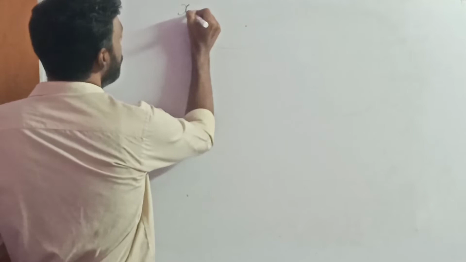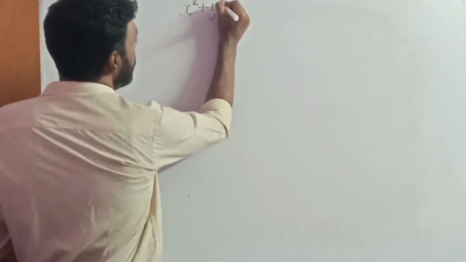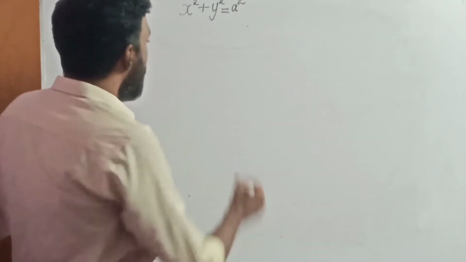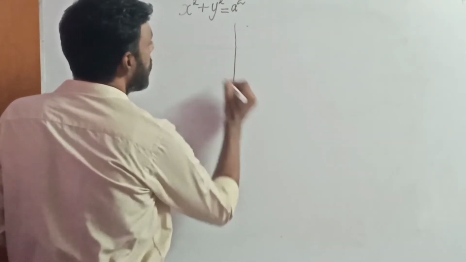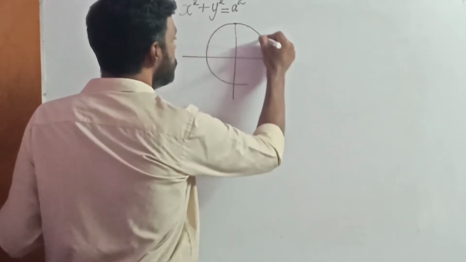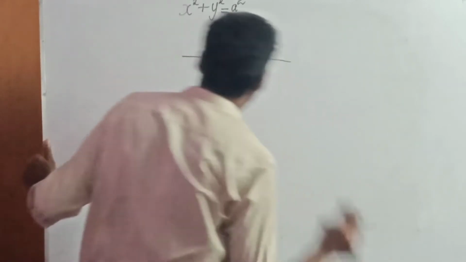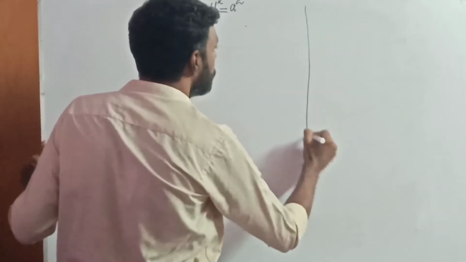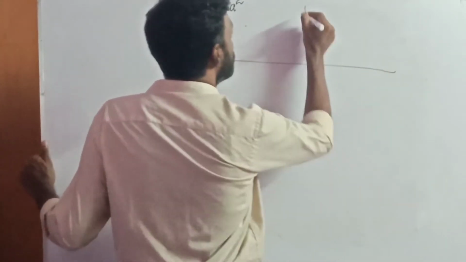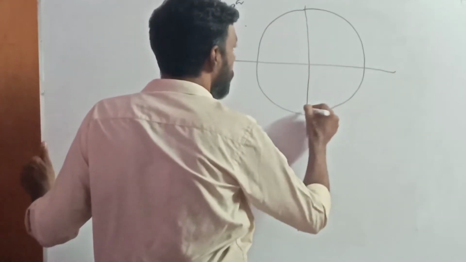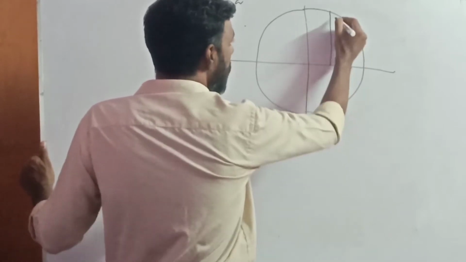So our given circle equation is x squared plus y squared is equal to a squared. Right? This is the circle equation. So now, again, this is the axis. This one is the circle. And this is the vertical strip which we are considering.